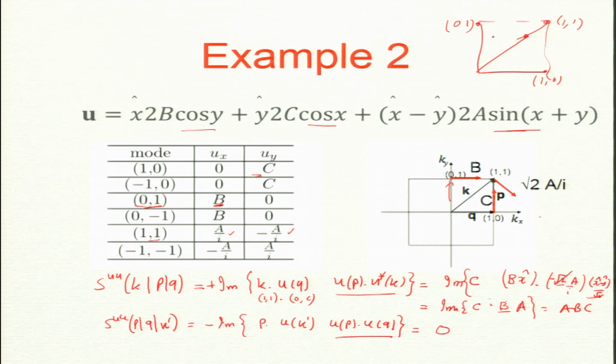There is no energy transfer from 0 1 to 1 1, but there is energy transfer from this one to 1 1. I did not compute this, but you can compute them. 1 1 is getting minus A. So, in fact, it is the other way around.